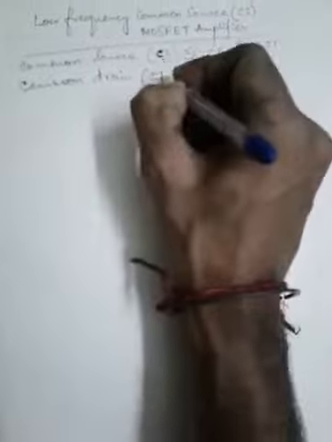Common drain mode, in short called CD, is for FET, and these are for BJTs. The common drain mode of operation in case of FET is something like CC for BJT, that means common collector mode.